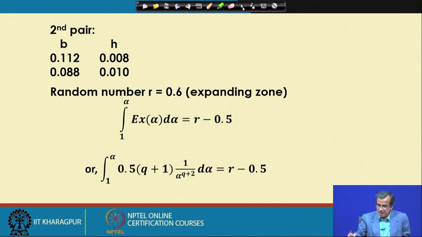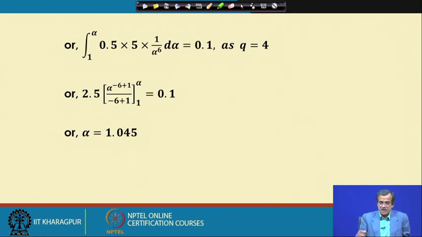Now, if you substitute q equals 4, I will get this expression: the integration from 1 to alpha prime of 5 into 1 divided by alpha raised to the power 6 d alpha is nothing but 0.1.